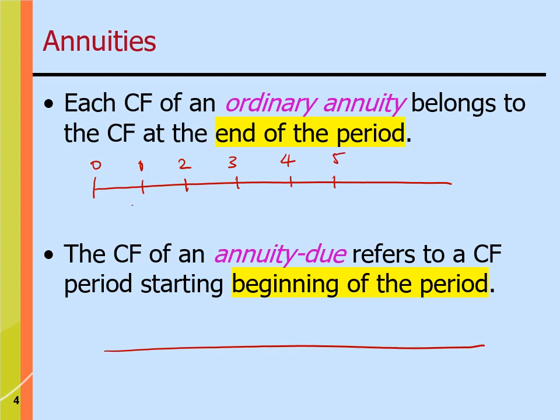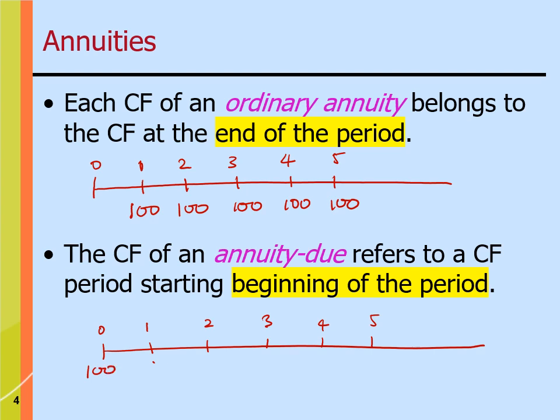Meaning to say here, while for annuity due, the cash flow will appear at the beginning of the period. So instead of here, it will appear here.